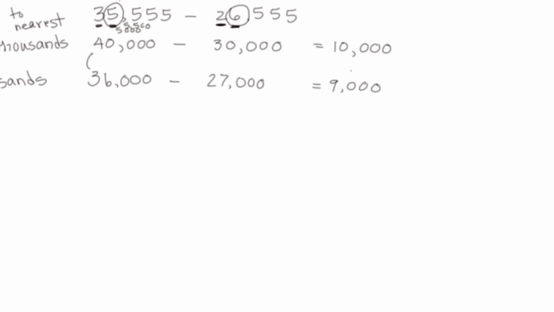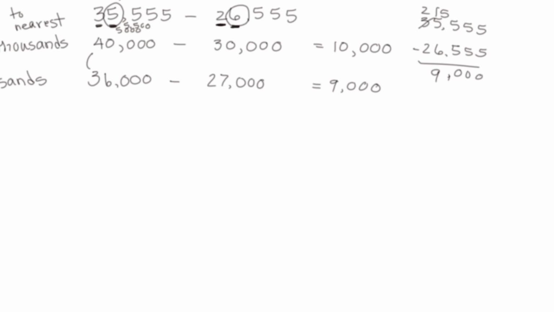So again, these two estimates are close, but they're different. Let's do the actual subtraction. And since the ones, tens, hundreds are all the same, we subtract, we get 0. And we have 15 minus 6 is 9.